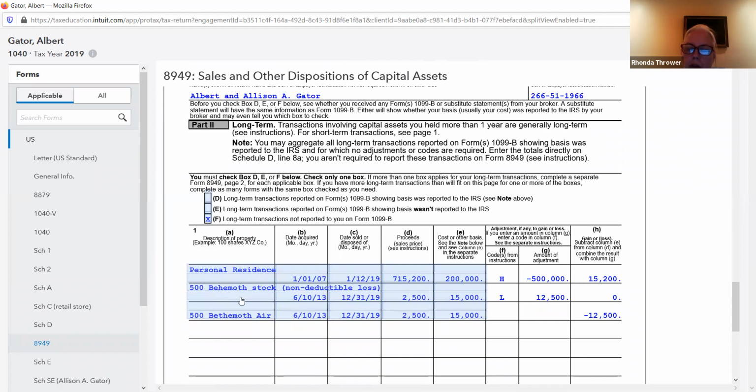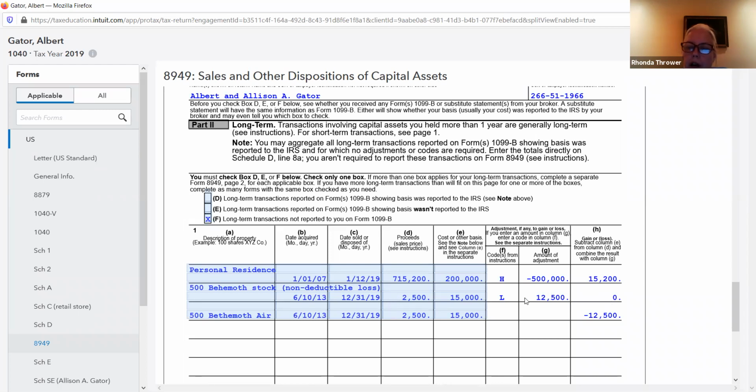Here's where your month stock will be recorded. You can see the date acquired, the date it was sold, and this transaction is a related party transaction. So it should show 0 here in the H column. There will be no gain or loss that is recognized because it's a related party transaction.